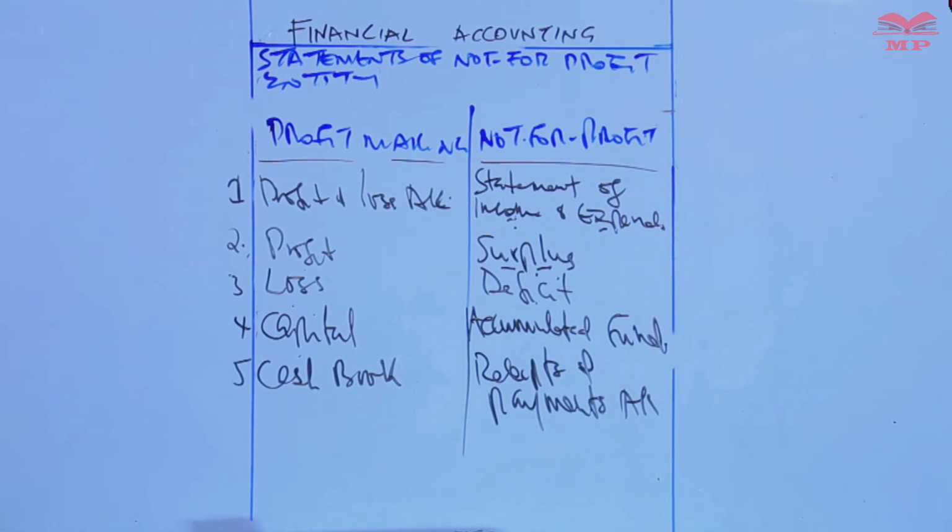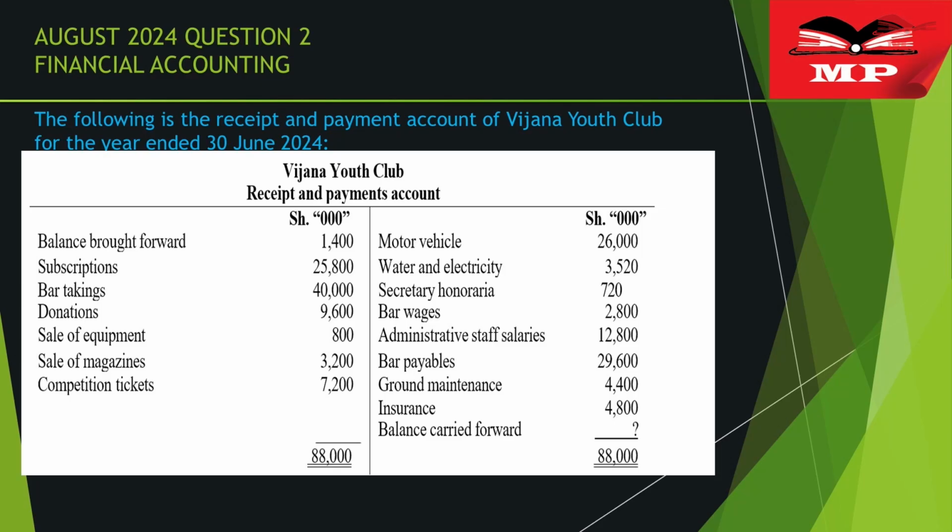So that then allows us to do a question. August 2024 financial accounting question number 2 reads: the following is the receipt and payment account of Vijana Youth Club for the year ended 30th June 2024.